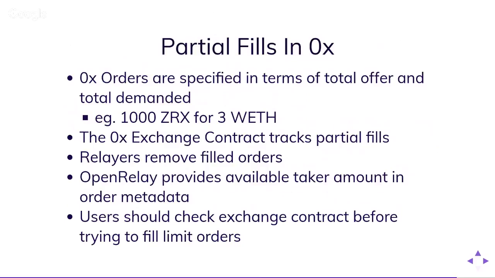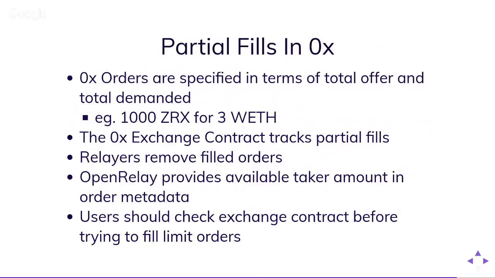A relayer like OpenRelay will remove filled orders from the order book so that when you run a query against the order book, you don't get any orders that are not going to be fillable. And OpenRelay provides an available taker token amount in the order metadata.